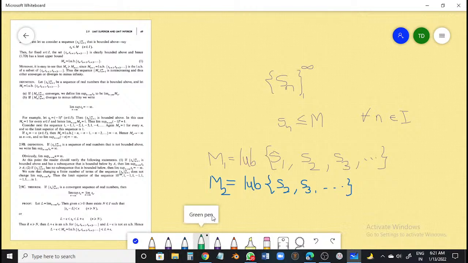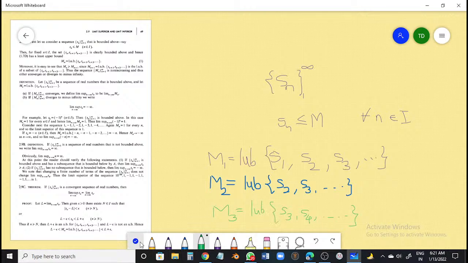Then we'll go for M3. M3 will be the least upper bound of the set S3, S4, and so on.